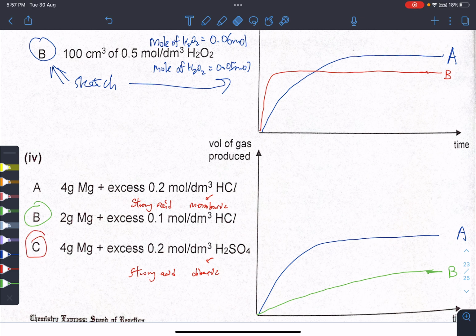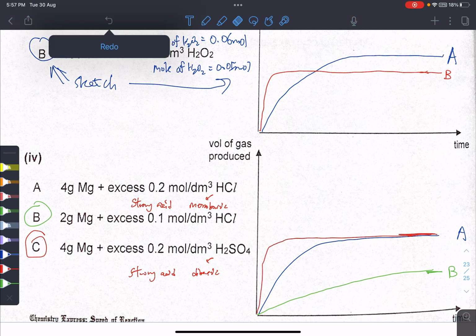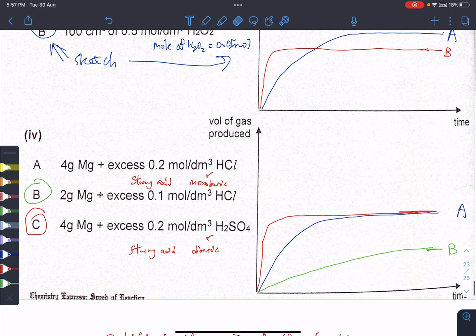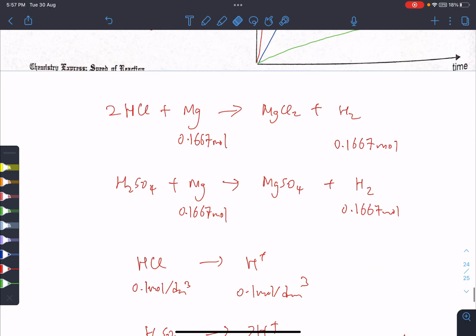But yeah, that's it. So you still end at the same height, but it is faster. Huh? How do I know? So I show you here.